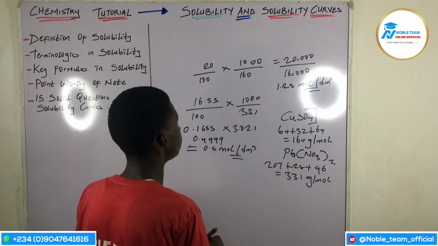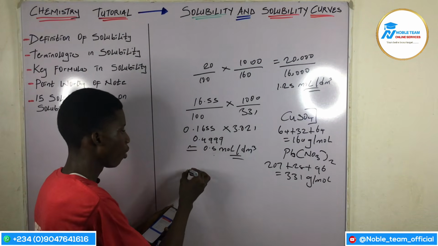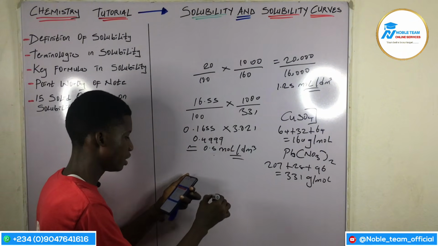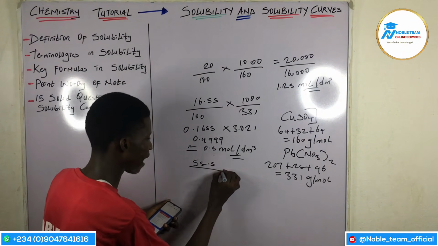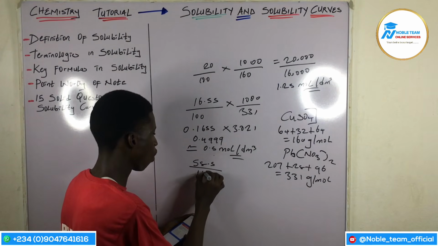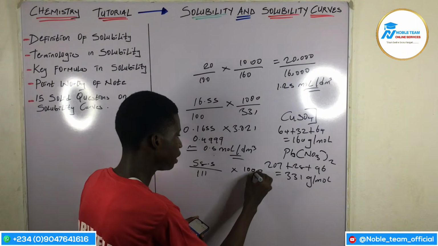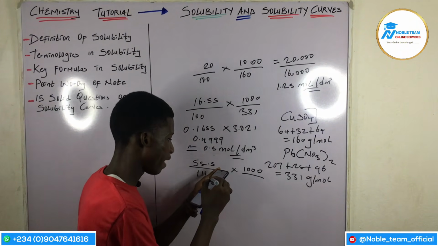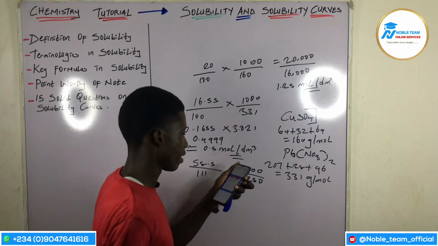I'm reading out the type of formula that we are going to be using. Now what is the mass of the solute? 58.5, divided by the molar mass of sodium chloride, 111, right? Then multiply by 1000 divided by 250.